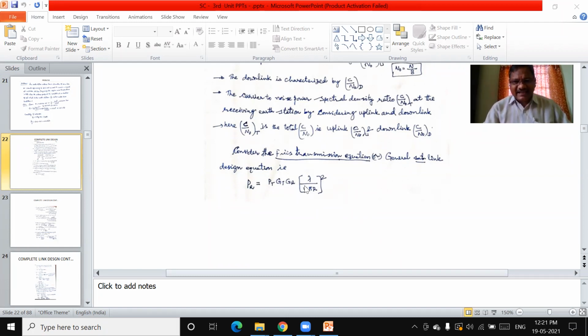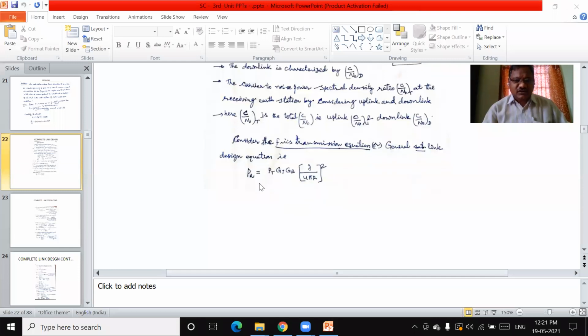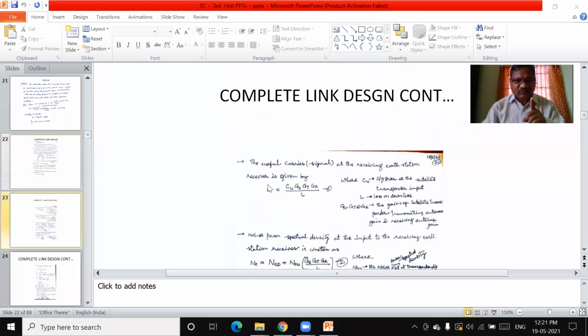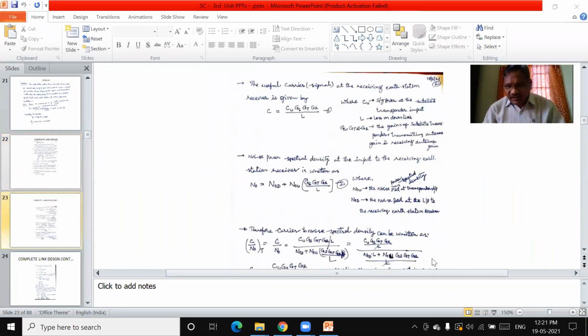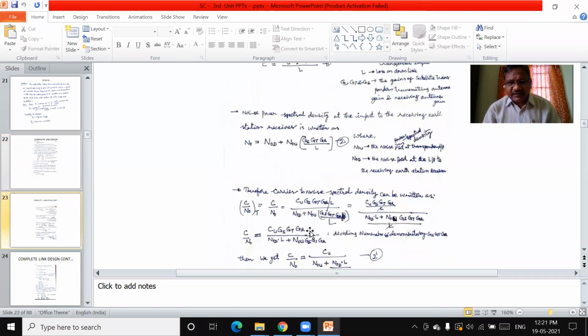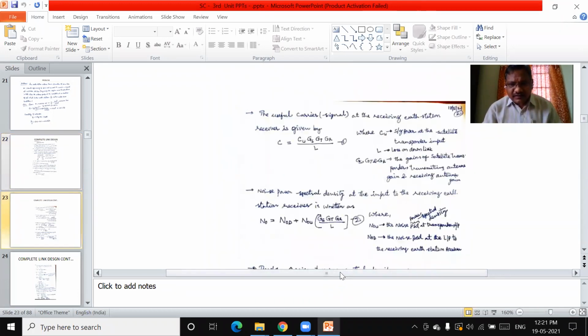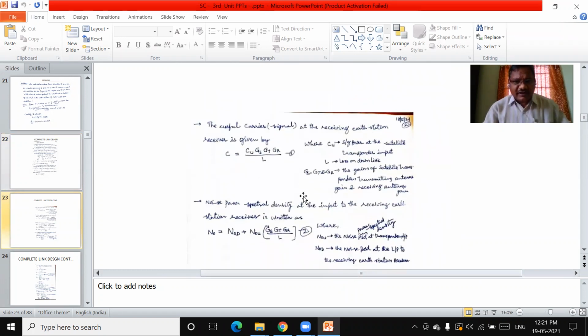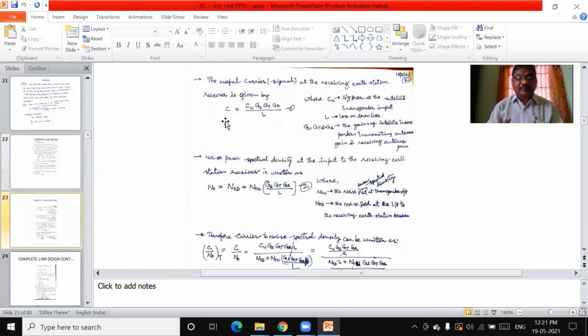This can be written as the loss, capital L. This whole term is the loss L. So now we consider the first one, the Friis transmission equation, and the second one. This is the first equation.